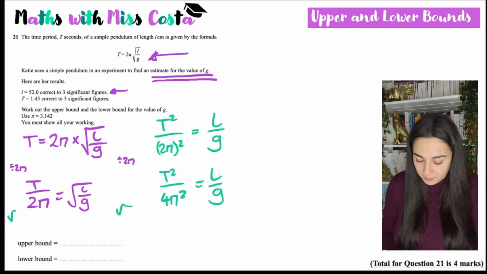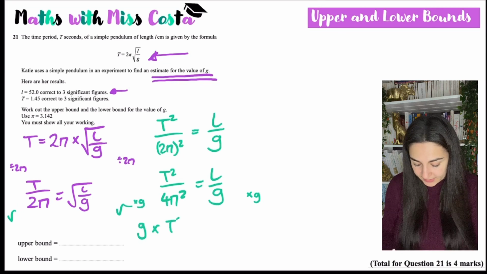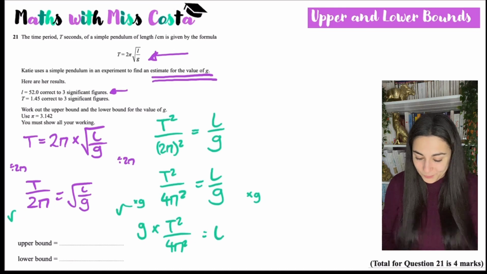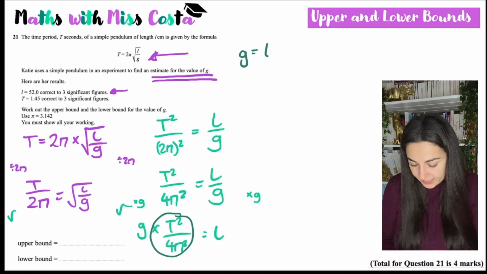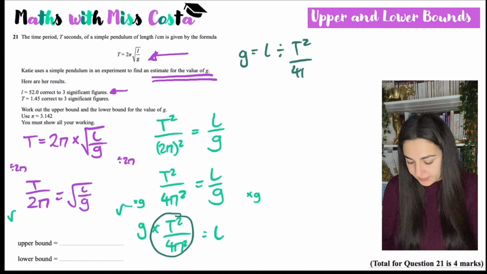Now what I can do is multiply both sides by G, so G times by t squared over 4 pi squared equals L. And then what I have to do is divide by this part here, so G would be L divided by t squared over 4 pi squared.